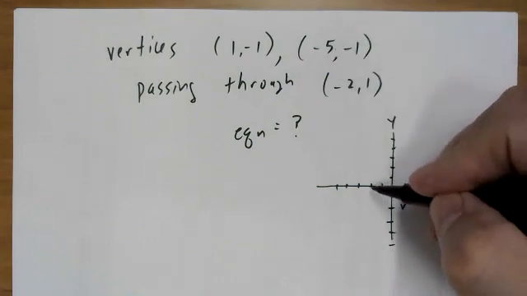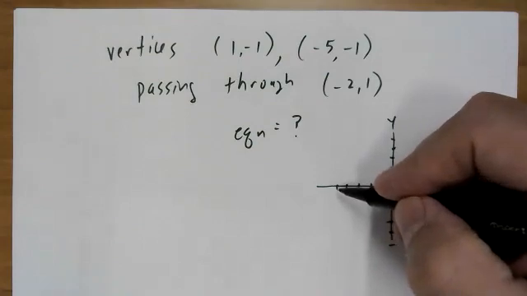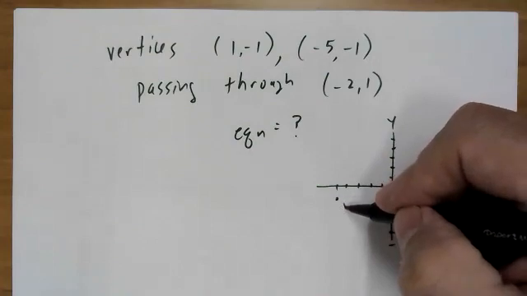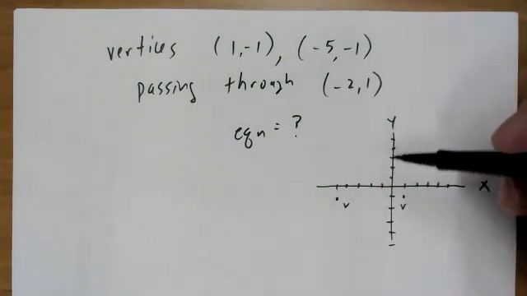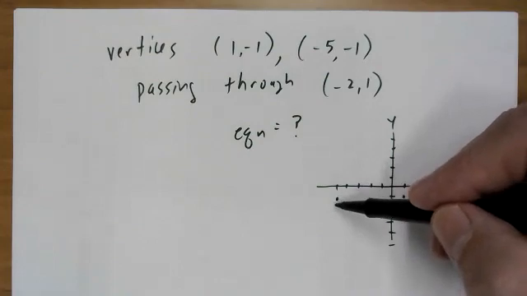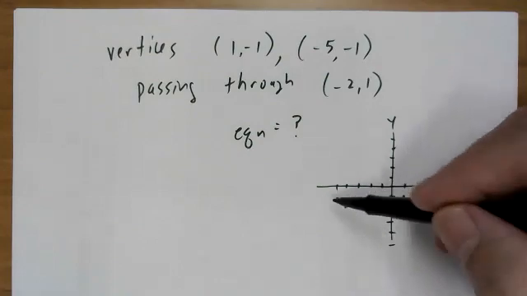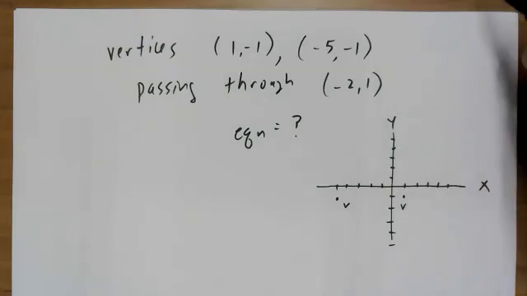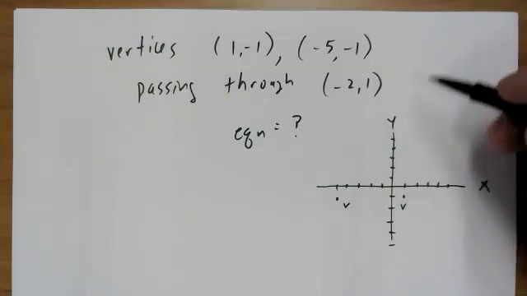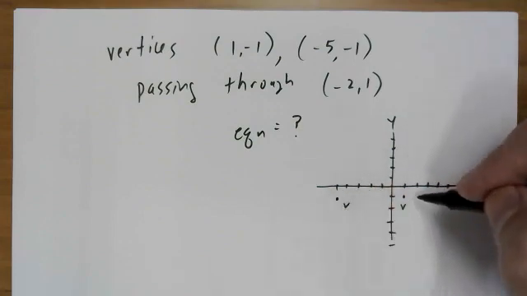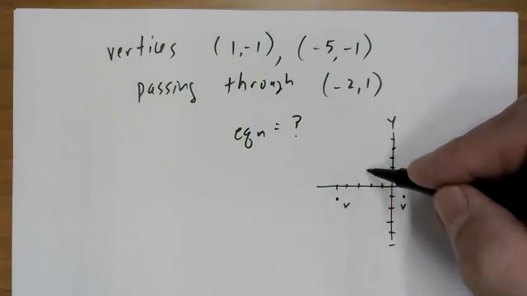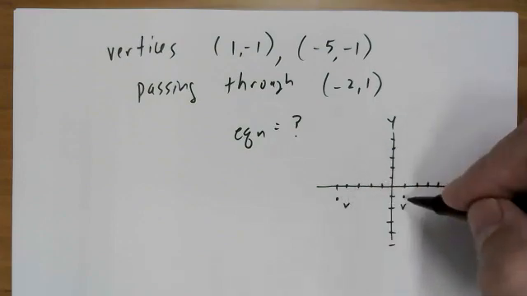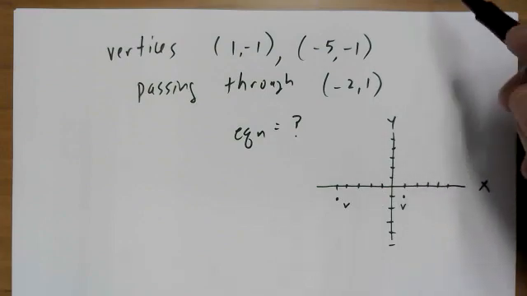So it's -1, 2, 3, 4, 5, -1. So there's another vertex. So when I graph, it's very obvious that this is going to be a left or right ellipse. I can't draw it yet because I don't really know how far it's going to go up and down. But if these are the major vertices, I know it's a left or right ellipse.